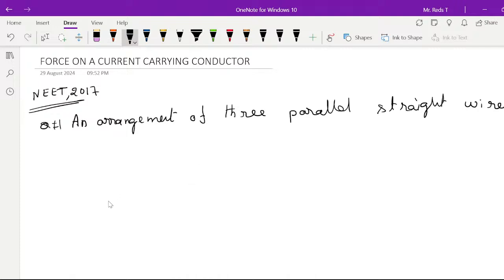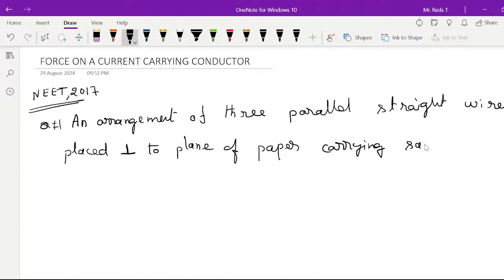placed perpendicular to the plane of paper. This symbol denotes perpendicular, guys.